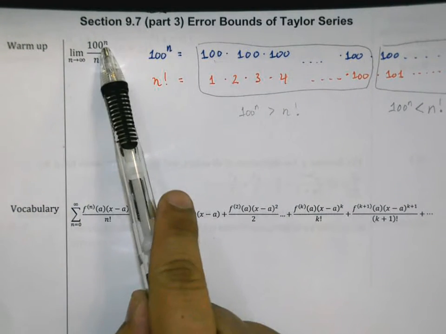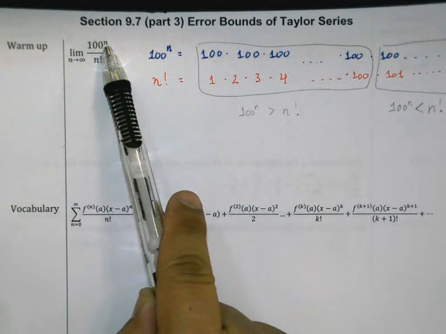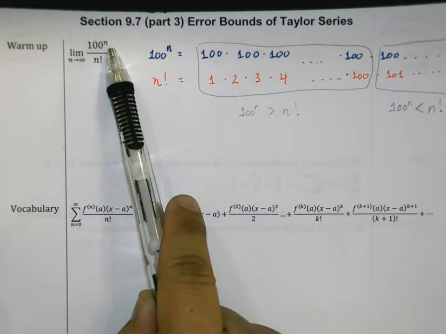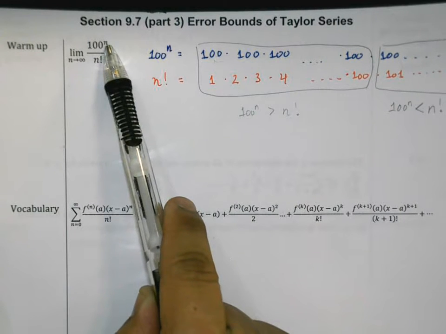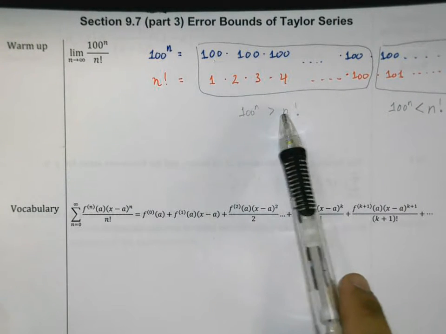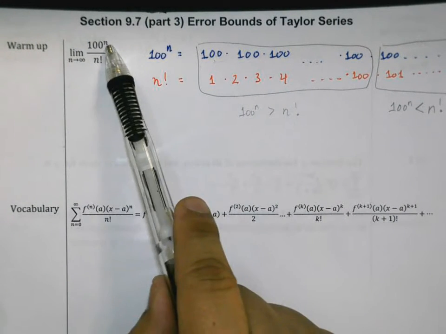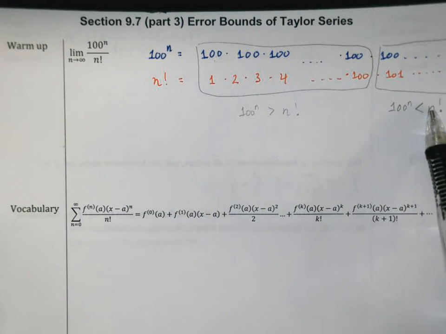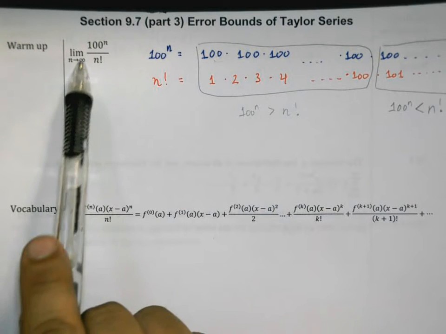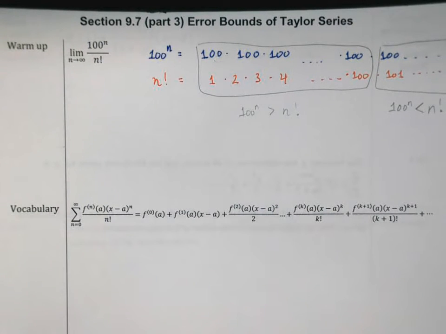So depending on what value of n we stop at, the exponential may be larger than the factorial, or if the value of n is large, the factorial is larger than the exponential. But we're taking the limit here as n approaches infinity.